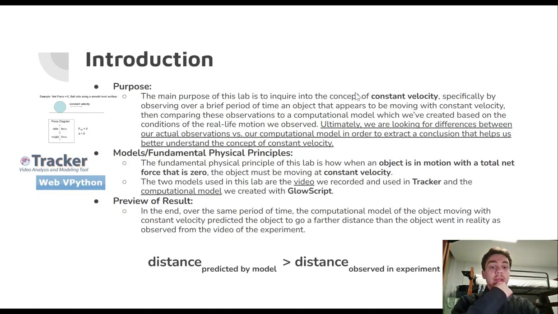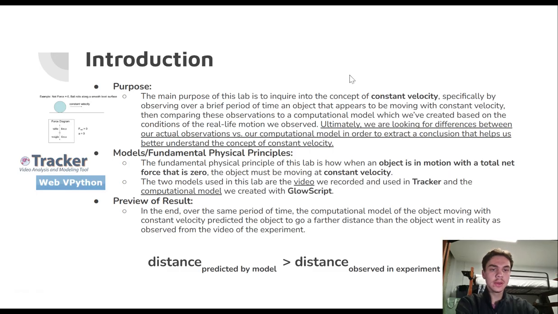Well, we are investigating the concept of constant velocity by looking over a time period at an object, which I chose as an expo marker, that appears to be moving with constant velocity, and comparing the observations from this video to a computational model which I've created based on the conditions of the real-life motion, using GlowScript.